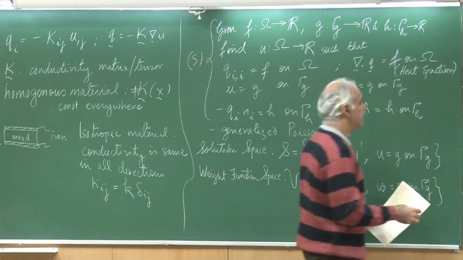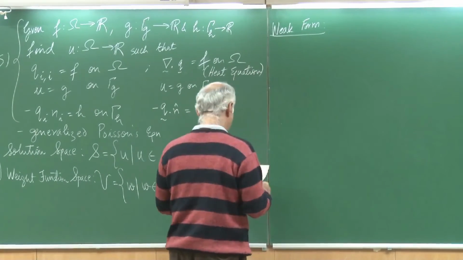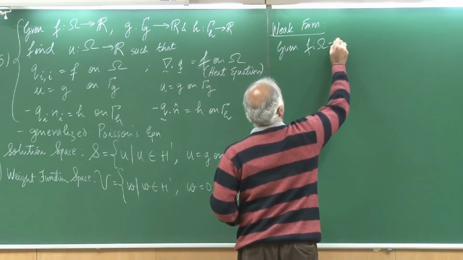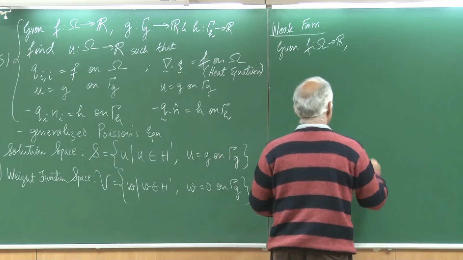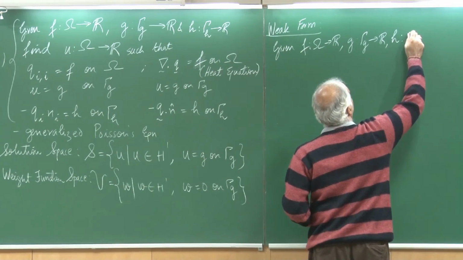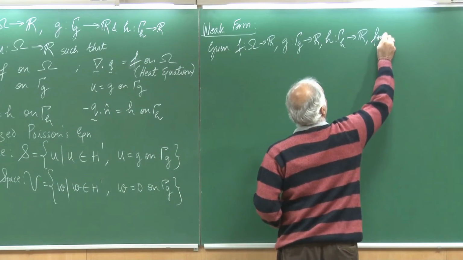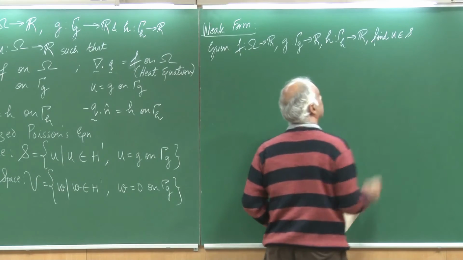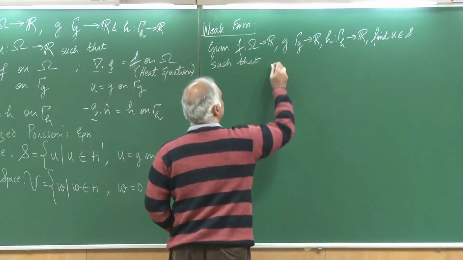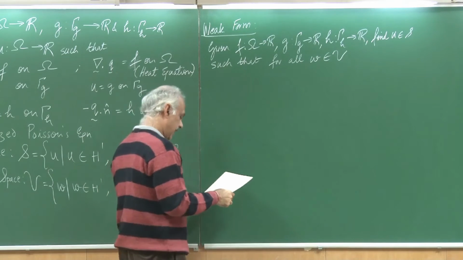So I will write it down here. So given f, just as before, a real valued function, g again defined on gamma g, a real valued function, h defined on gamma h, a real valued function, I must find my u that belongs to the solution space S such that I must satisfy for all w's that belong to V the following statement, and it's an integral form.